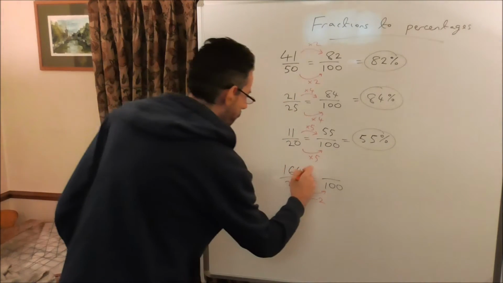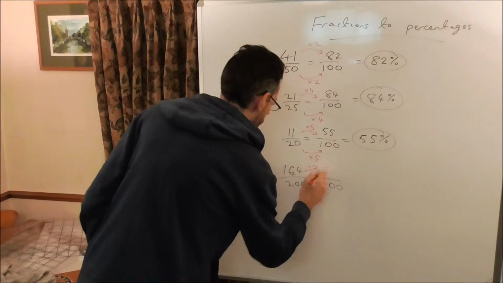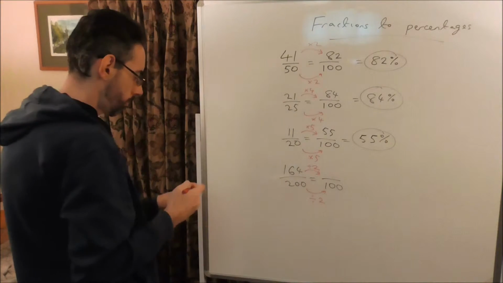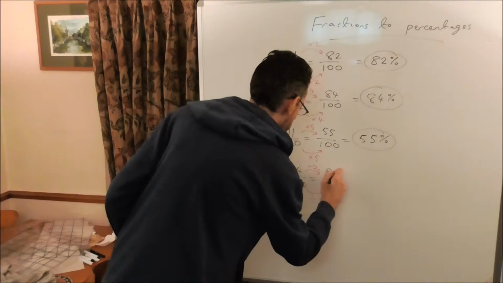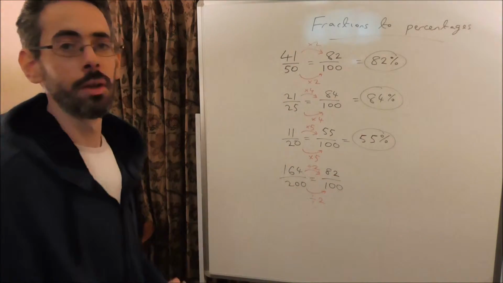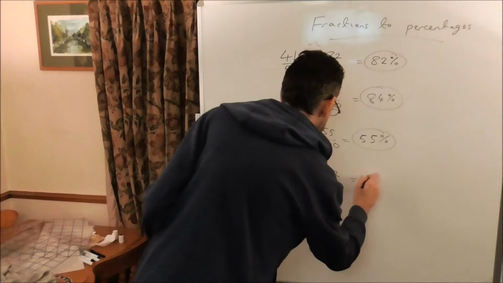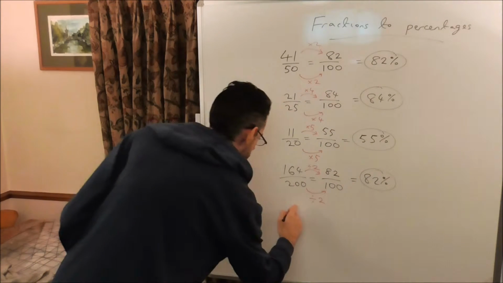And of course you've got to do the same to the numerator to get an equivalent fraction. 164 divided by 2 is 82. So dividing top and bottom by 2, you get 82 over 100, which again is 82%. Let's just do one more.